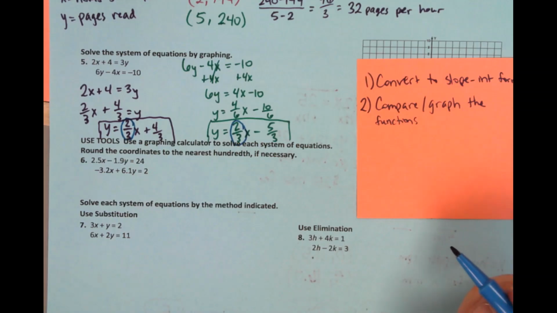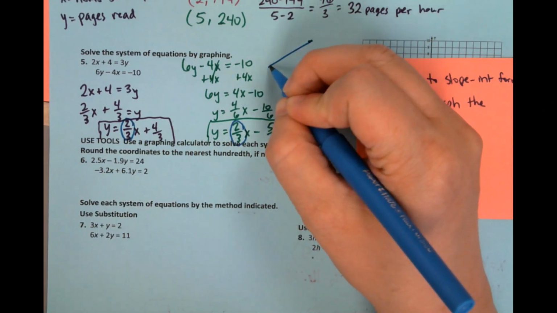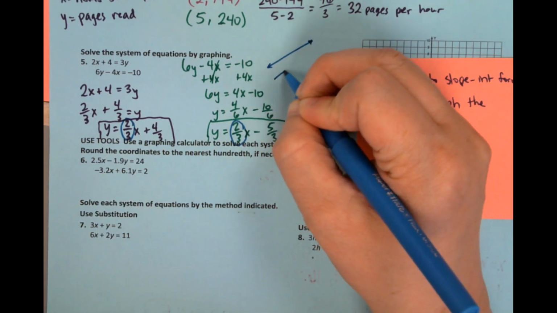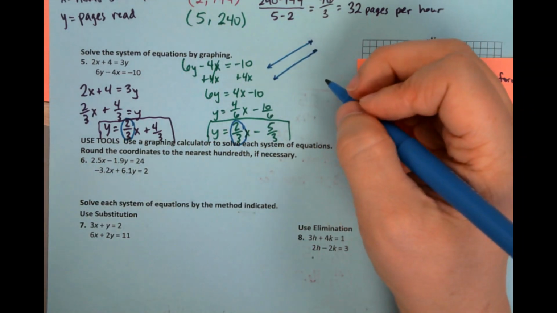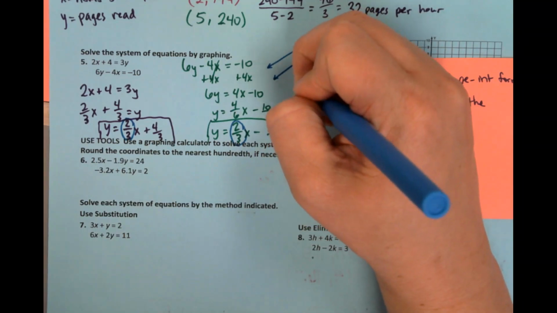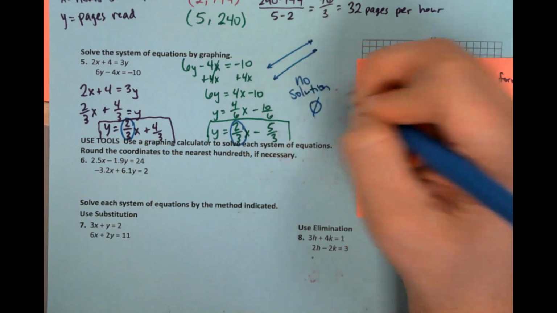What happens when you have the same slope but different y-intercepts is you end up with parallel lines. Those don't look very parallel. But you end up with parallel lines, which means there is no solution. Or in other words, our solution is the empty set.